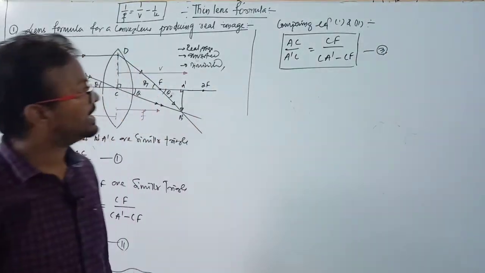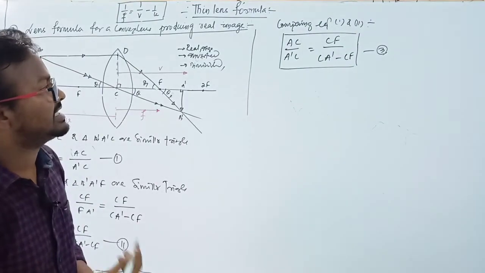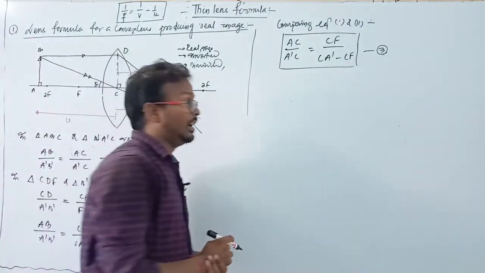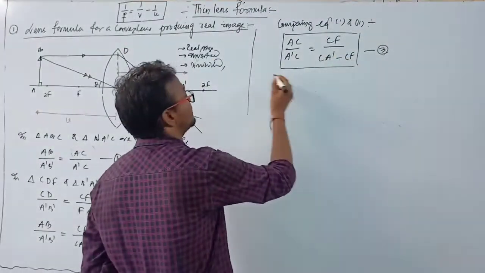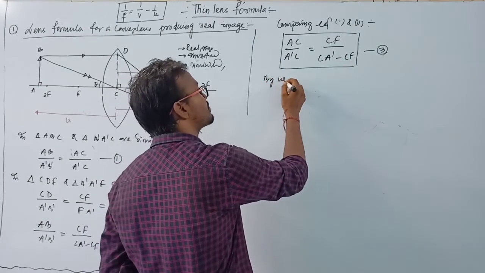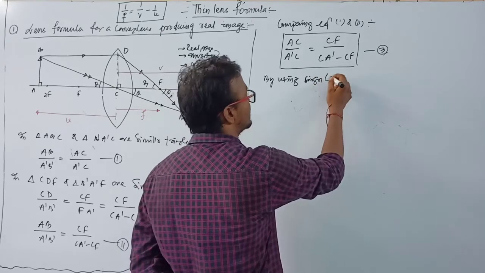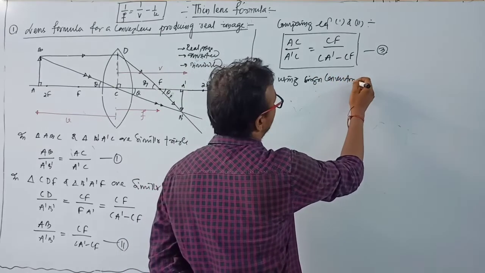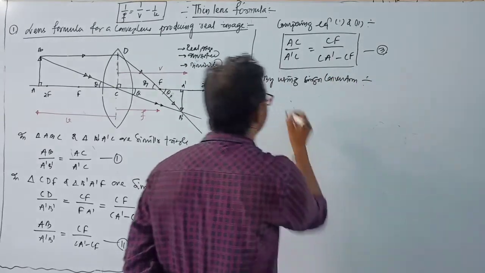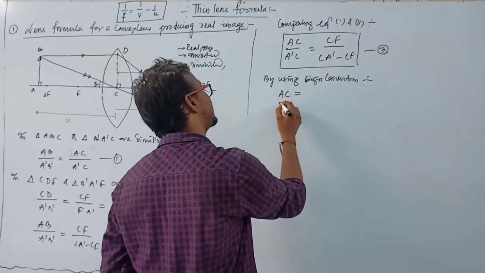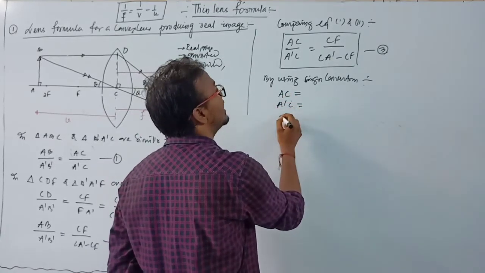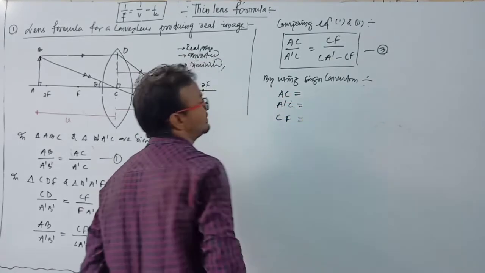Clear? Now we have to find the values of AC, A dash C and CF by using sign convention.